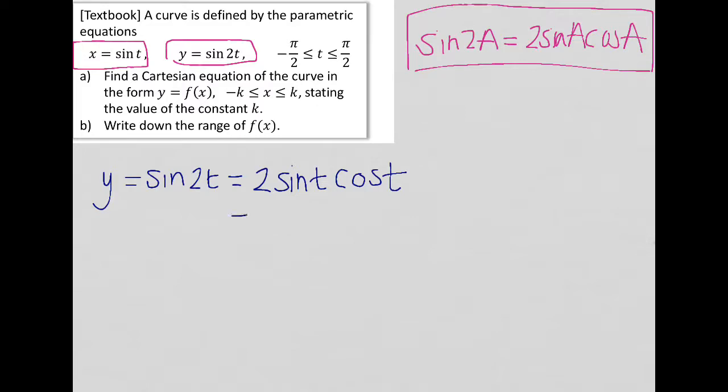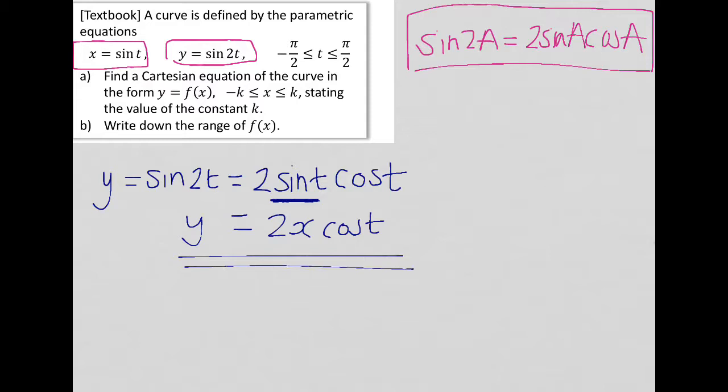And in here, I know from looking back at the question, sine t is the same as x. So I can write this as 2x cos t. But then, if I'm honest, I've got a bit stuck.